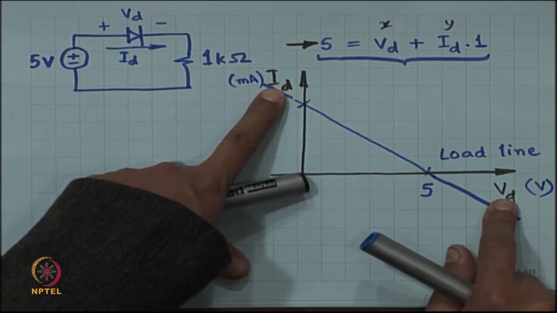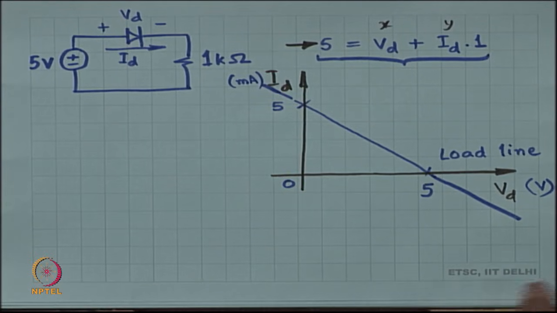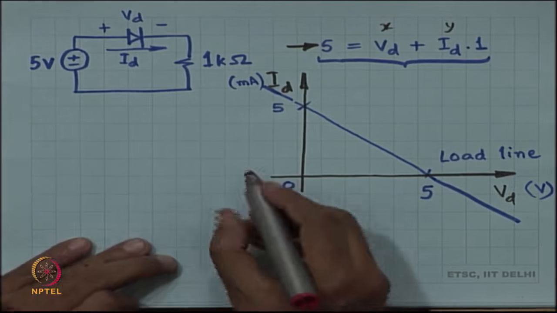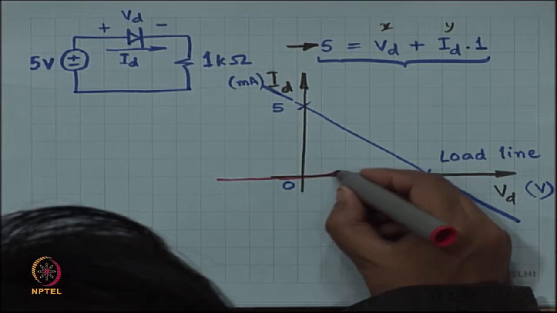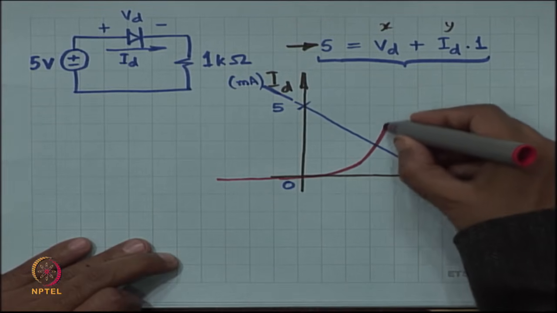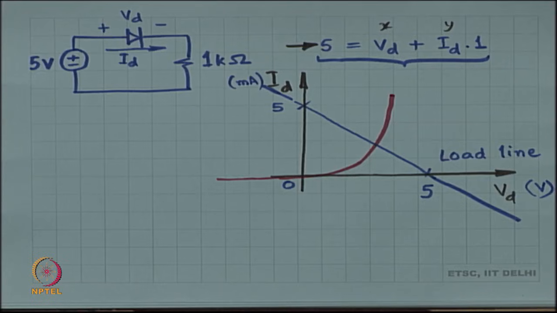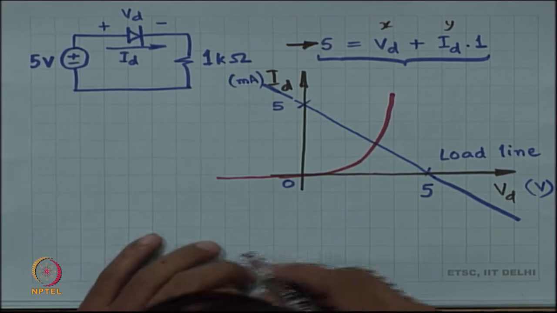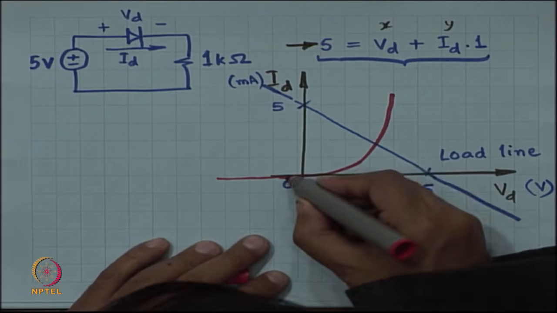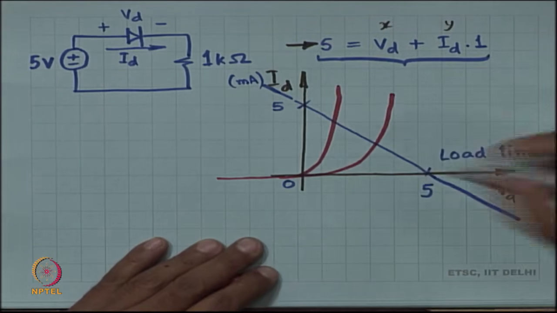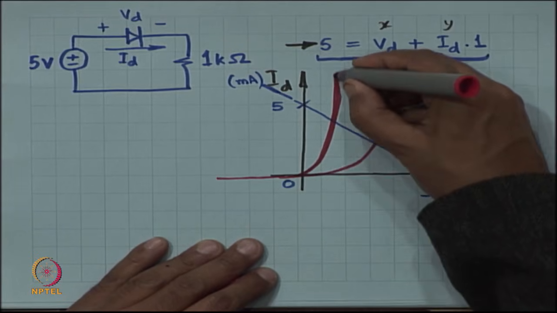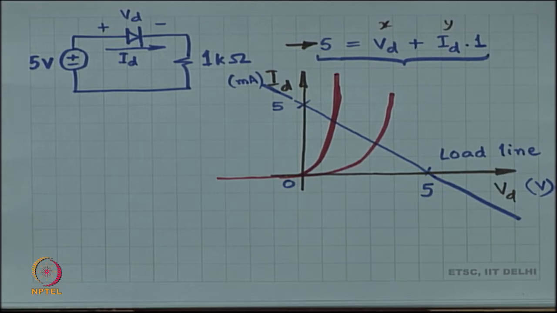So, on the same axis I can plot the diode characteristics, and the diode characteristics are going to look like this. Maybe it is not so bad, maybe it is something that looks like this. Yeah, this is better.